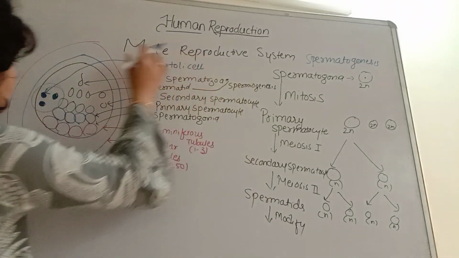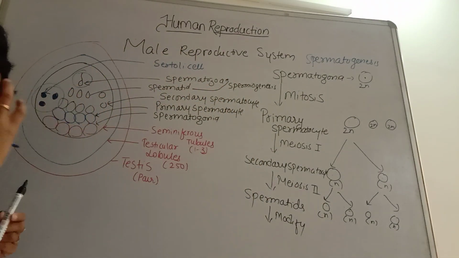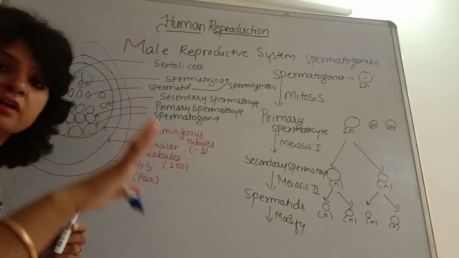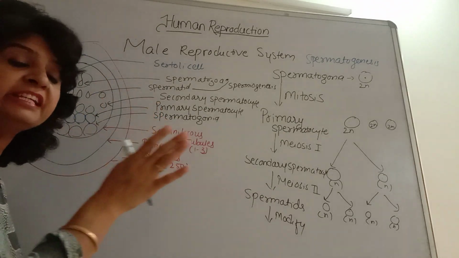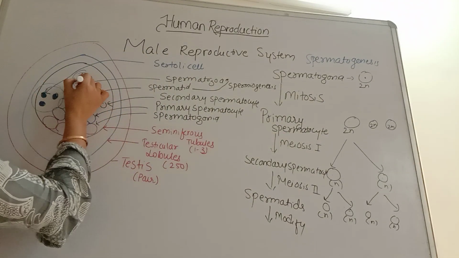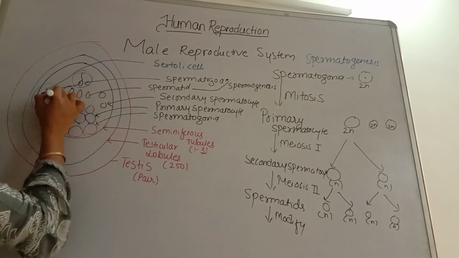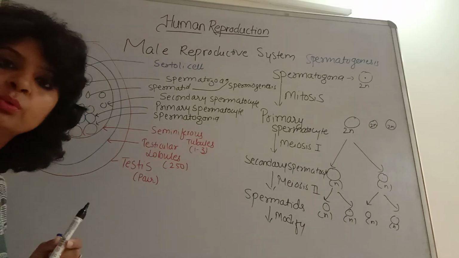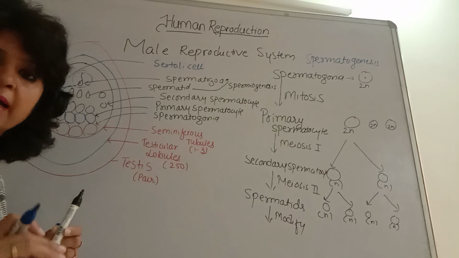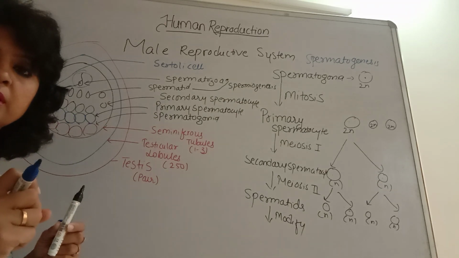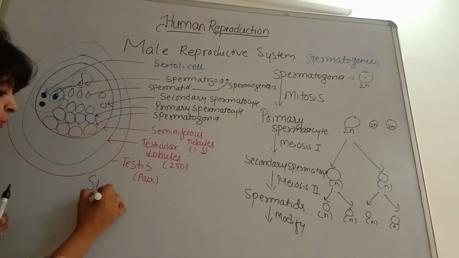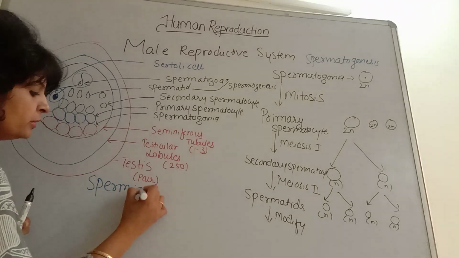Now this is still not functional. It is a functional thing, but it needs to move. So it embeds its head inside the Sertoli cell and gets the nutrition, and this is a process known as spermiation.